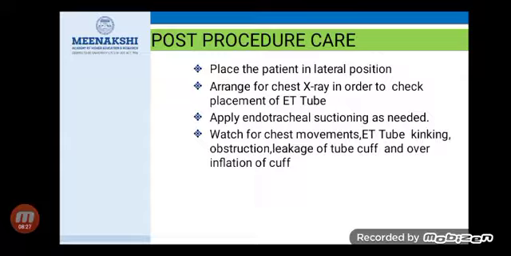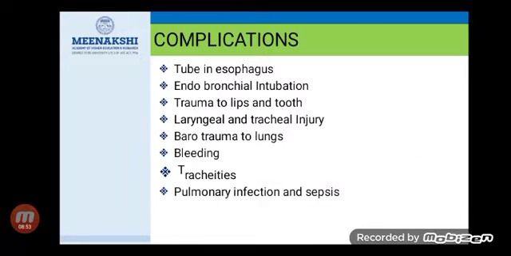Then apply endotracheal suctioning as needed, whenever secretions are present. Watch for chest movements and ET tube kinking, obstruction, any leakage of the tube cuff, and over-inflation of the cuff.